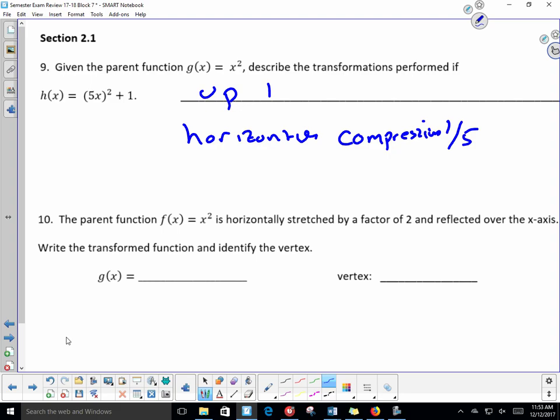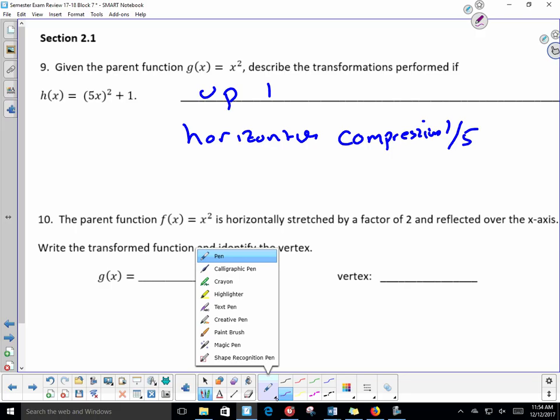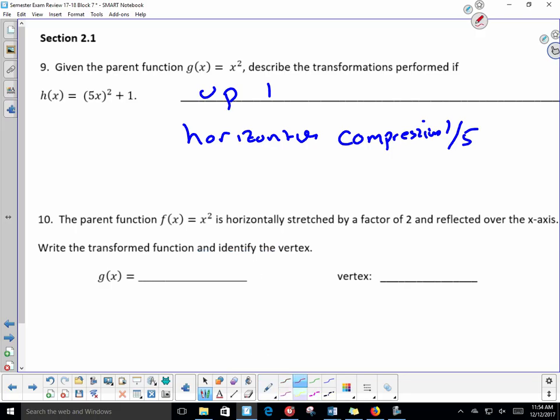Okay, number 10, the parent function is x squared, is horizontally stretched by a factor of 2 and reflected over the x-axis. Write the transformation for the function. Ryan? So the 1/2 x squared first transformation. So where's that 1/2 going to go?